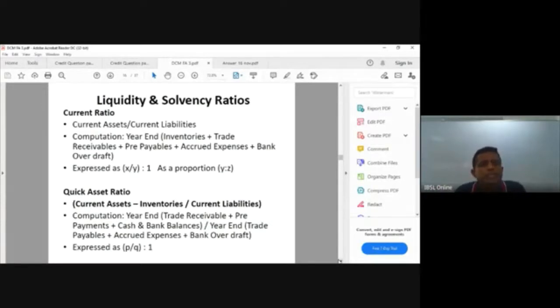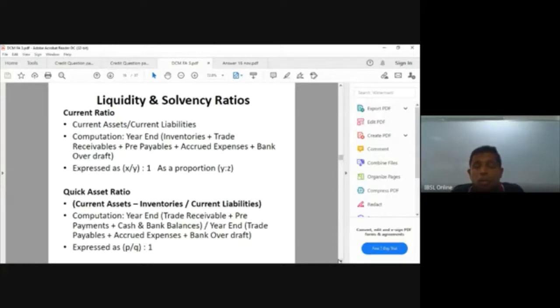We will discuss today the liquidity and solvency ratios. Now, if you take this concept of liquidity, liquidity means, in normal business circumstances, how fast you can convert an asset into cash, right?